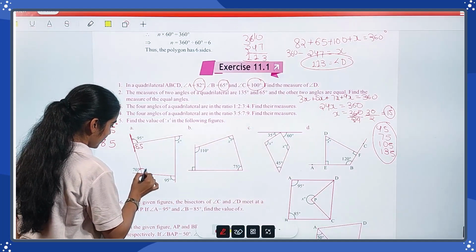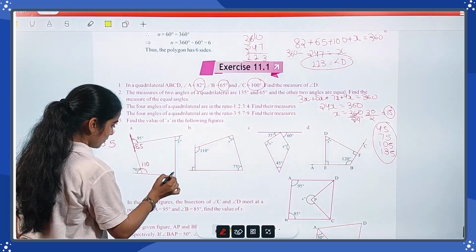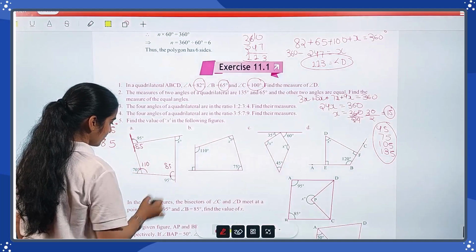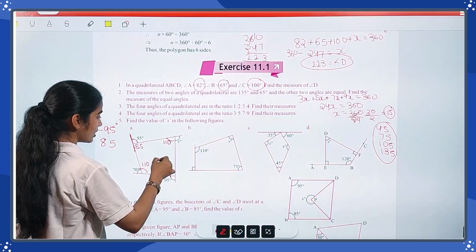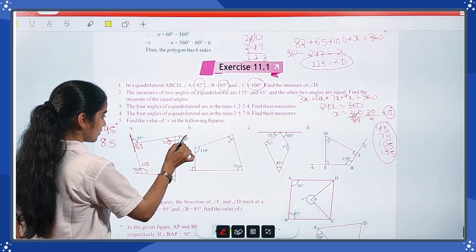Here we have 110. And here we have 85. So it means this is also 110 because opposite angles are equal. So this is 70. Okay.